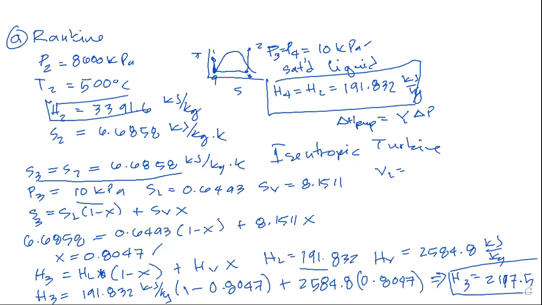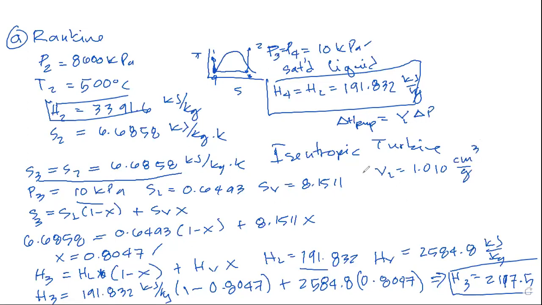So, yes, 1.010. Very good. That's the exact value. So our VL from the steam table is 1.010. The unit is cubic centimeter per gram.